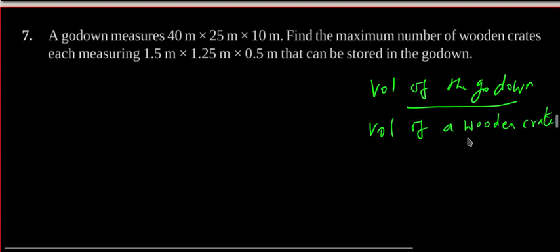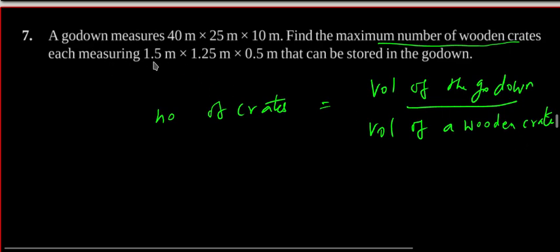Okay, so if we divide, we can find how many wooden crates can be kept inside. Okay, so this is equal to number of crates. How many crates can be kept inside this godown is the volume of the godown divided by volume of a wooden crate.